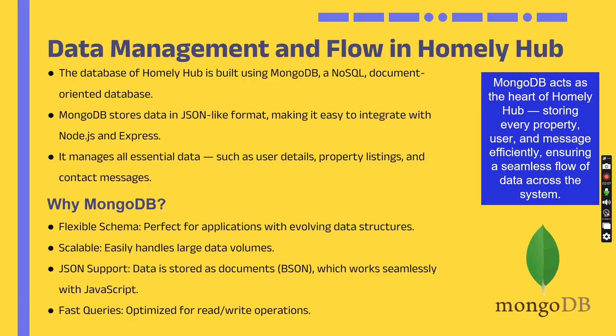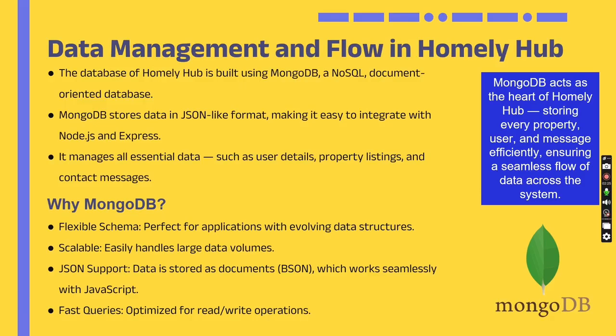Now the data management. How is data stored in Homely Hub? The database of Homely Hub is mainly built on MongoDB. MongoDB is a popular NoSQL database used to store and manage large amounts of data in a flexible way.